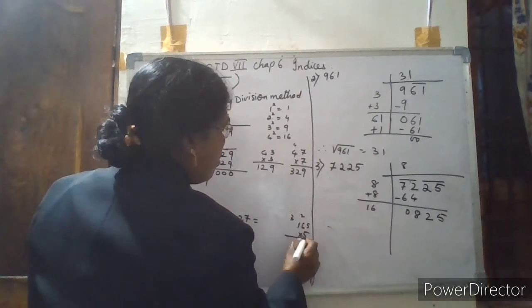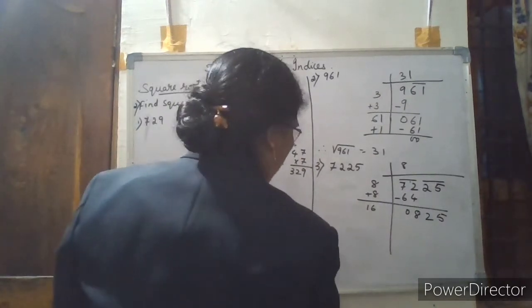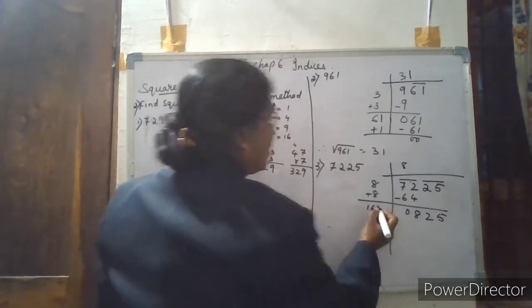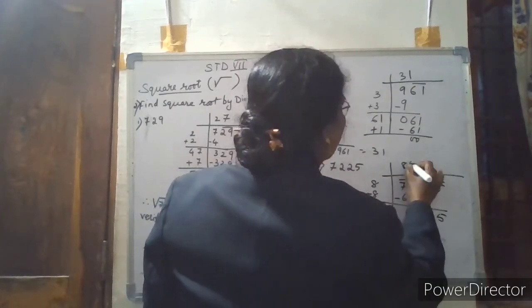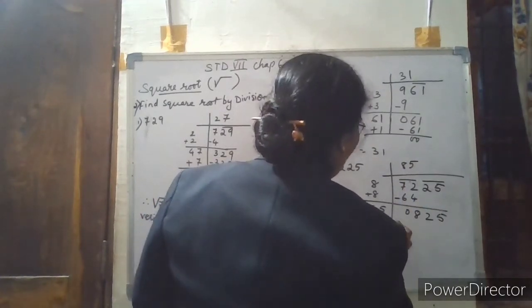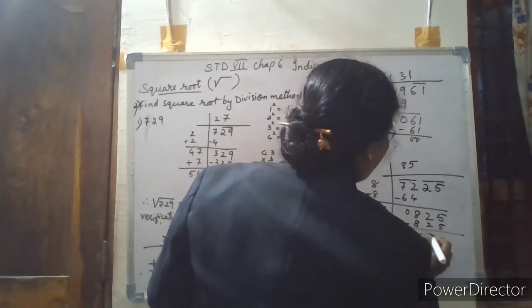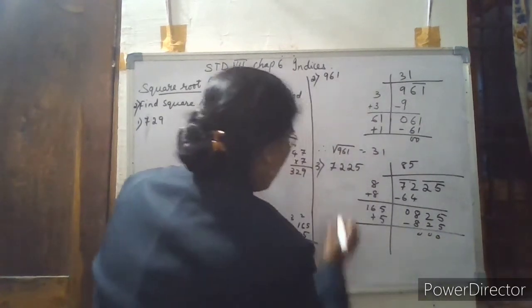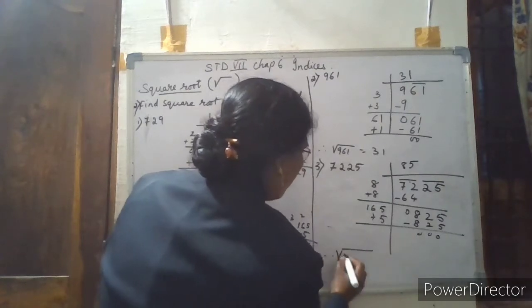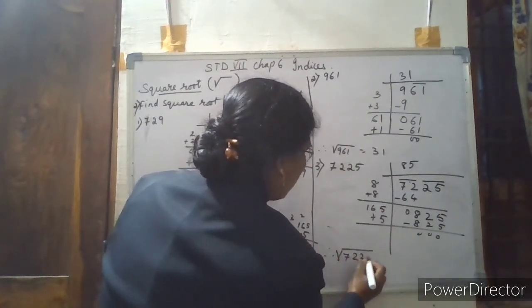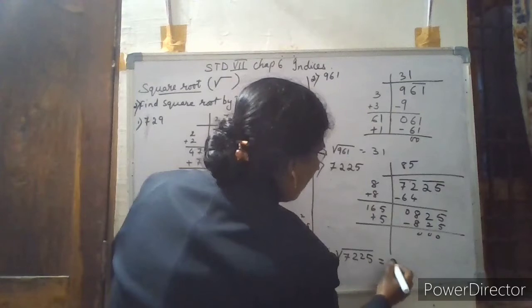I got 825. So 5 here, here also you write 5, plus 5. I got 825, minus, 0 0 0. Therefore we get the square root of 7225 is equal to 85.